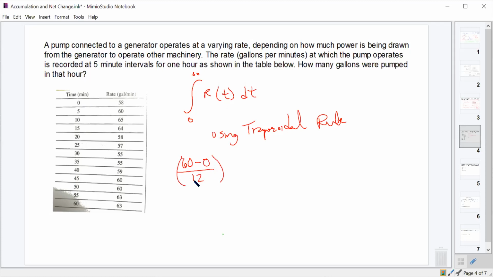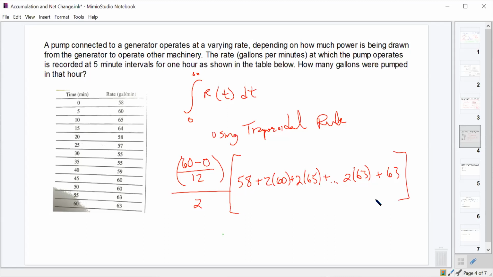So that's b minus a over n divided by 2 for the trapezoidal rule. And it'll be the first value, and 2 times the second, 2 times the third, and so on until we get to 2 times the second to last, and then 1 of the last. And so it's a fair amount of unpleasant little arithmetic there, but not too terrible, I'm sure. What do you get?